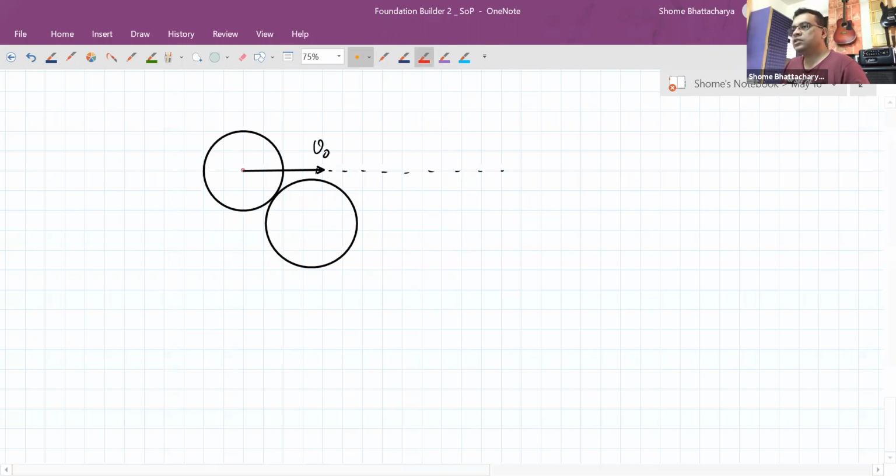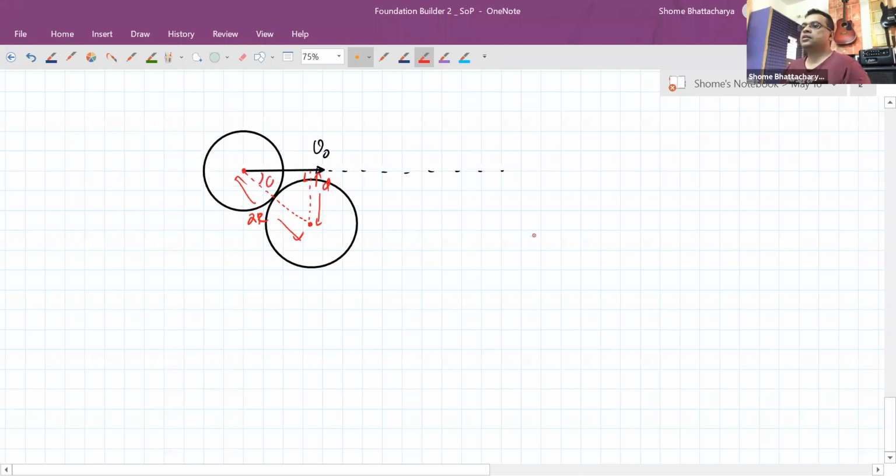So that means if I draw the center to center line, this is, let's say, the center of the second one B. So if I draw this center to center line, and if I drop this perpendicular here, so this one is D in distance, and this center to center line is 2R. So you can see what this angle is.